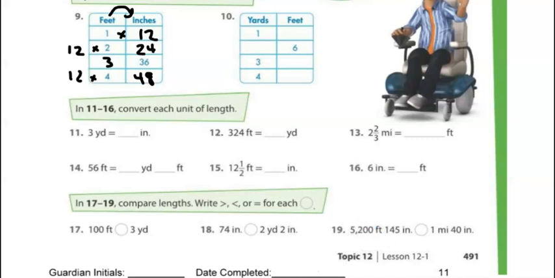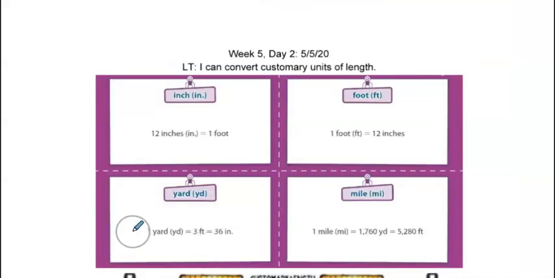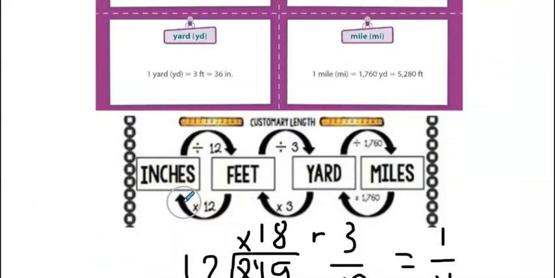On numbers 17 through 19, you want to make sure that you are finding a common measurement. So thinking about if you have, we have feet here and we have yards here. So we want to kind of look at that and see how many yards that would equal.